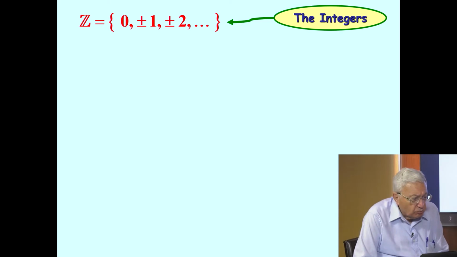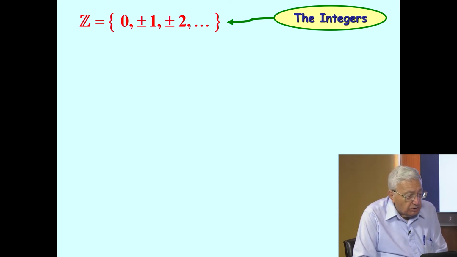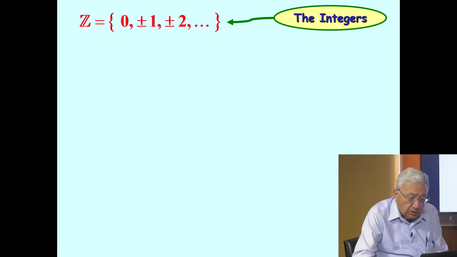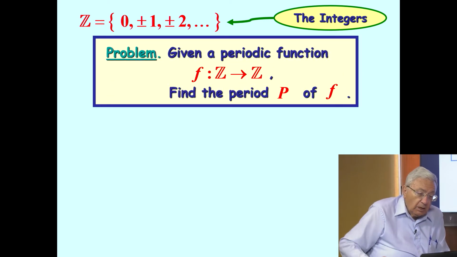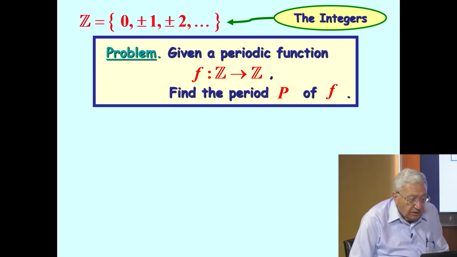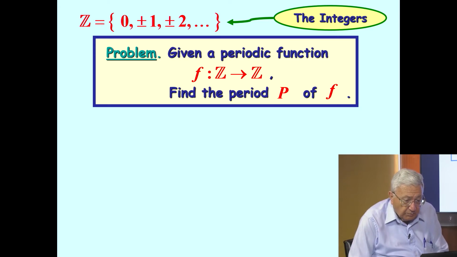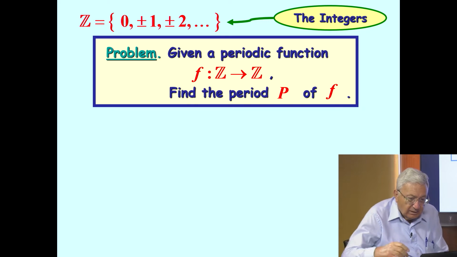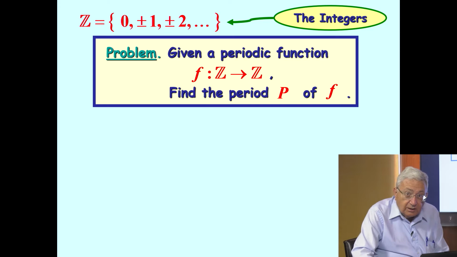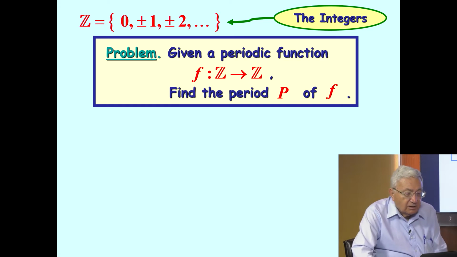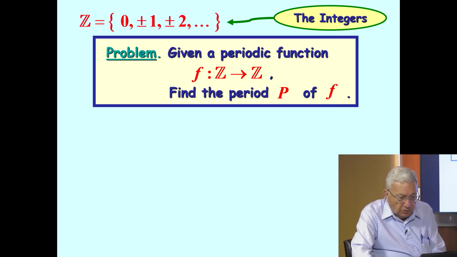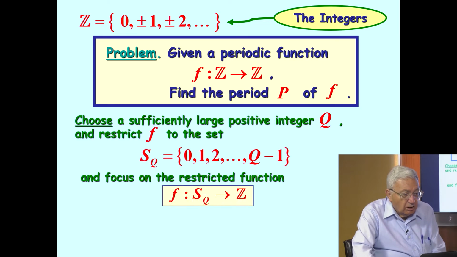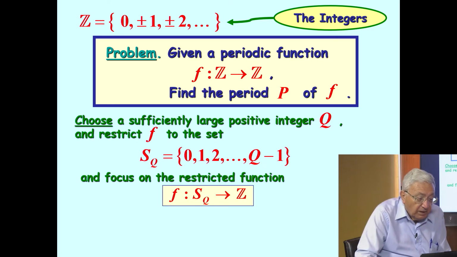Let blackboard Z represent the integers 0, plus or minus 1, plus or minus 2, and so forth. Problem: given a periodic function from the integers to the integers, find the period p. Unfortunately, it's exceedingly difficult to put an infinite number of integers on a computer, so we have to make an approximation.